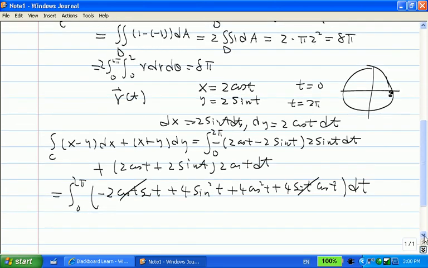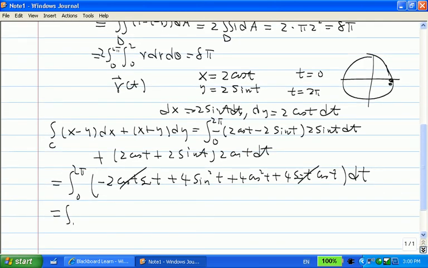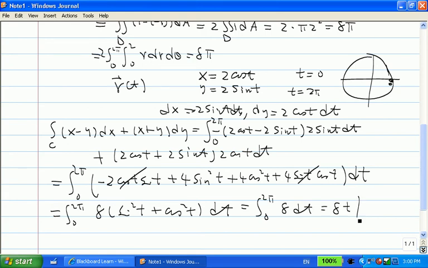Okay. So what we have is 0 to 2 pi, 8 times sine squared t plus cosine squared t dt, and sine squared t plus cosine squared t gives you 1. So we got 8 dt, which gives you 8t evaluated.